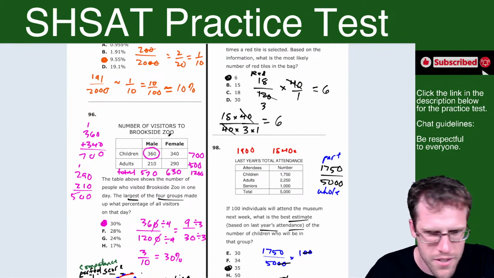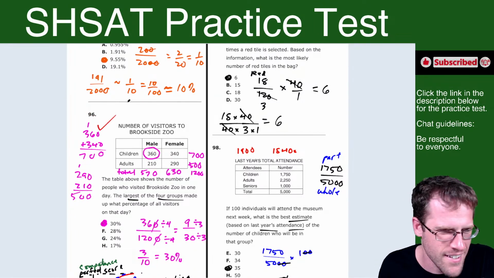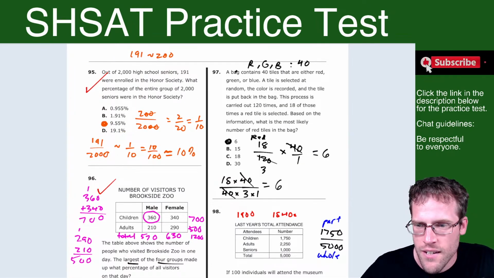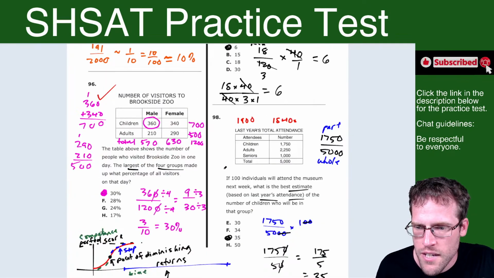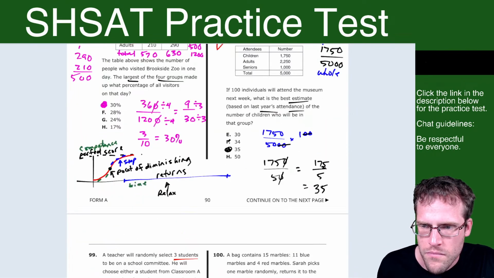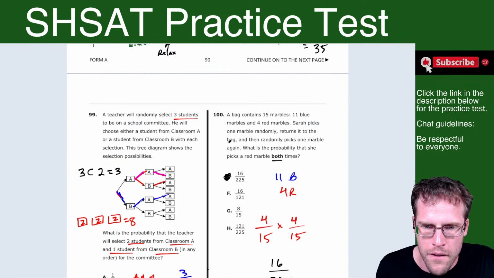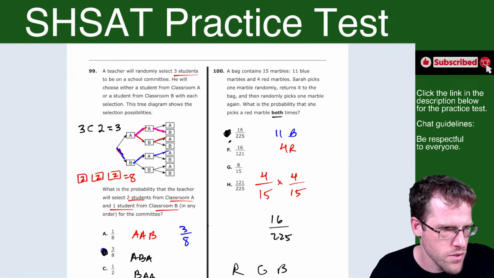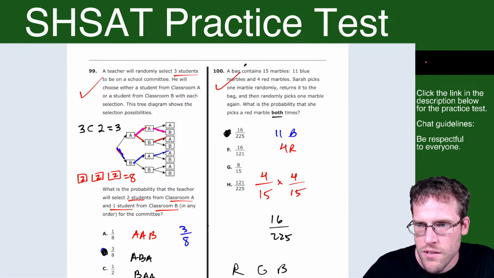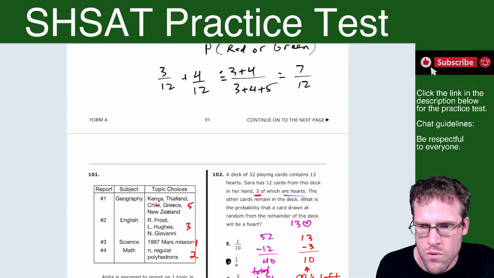I really don't want to lose here. 96 is E. Oh, we're on such a streak. 97 is A. 98 is G. 99 is choice B. 100 is choice E. All right, so we got 14 more to go.